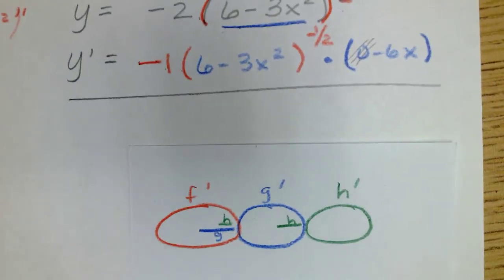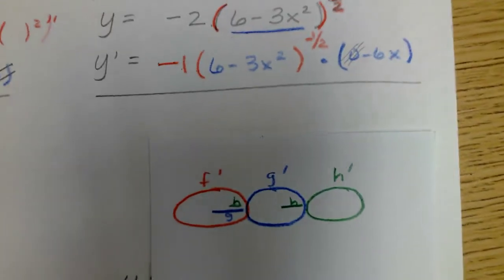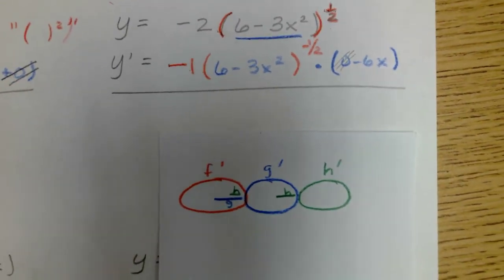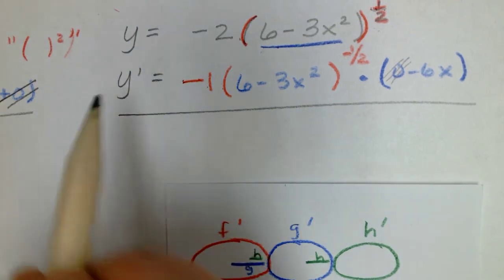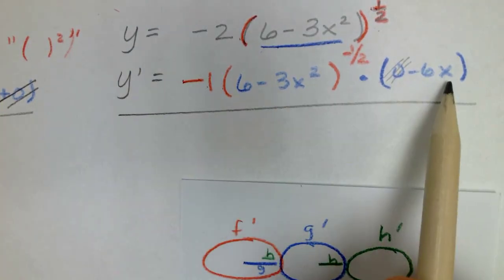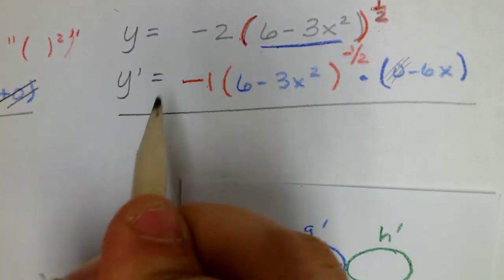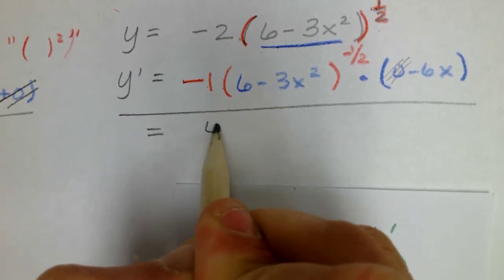All right, let me pick this up just a smidge so we can get a little more space with our writing. Now I can simplify this. I've got negative 6x multiplied by negative 1, which is equal to a positive 6x.